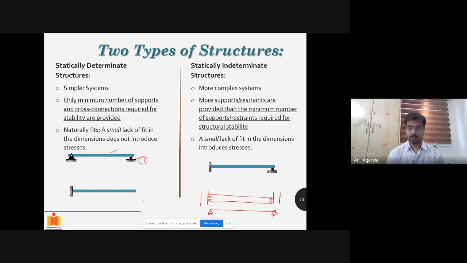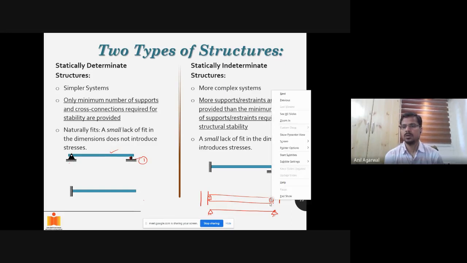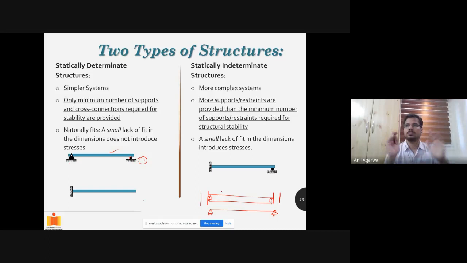What happens if the holes are not aligned perfectly? Meaning that the space between this hole and this hole, or the respective locations in the two columns, is, let's say, 8 meters. But when I get the beam, the spacing between the holes in the beam is not 8 meters.